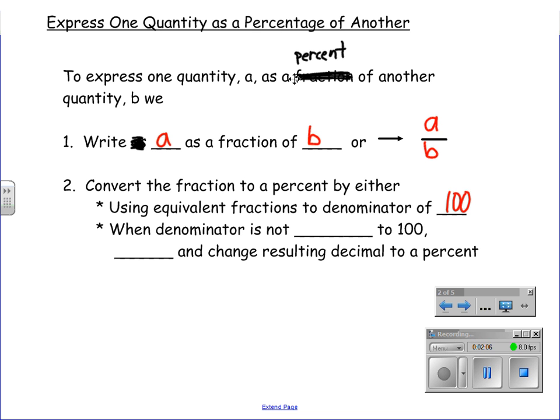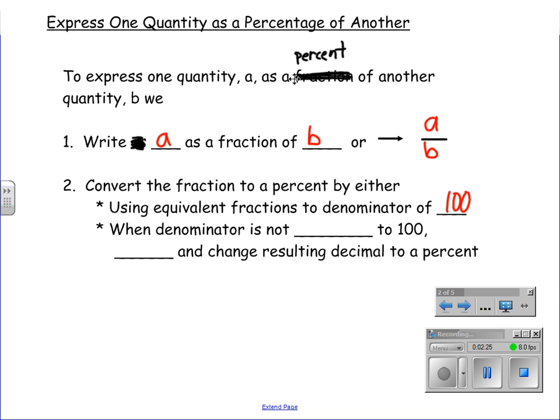So we say when the denominator is not blank to 100. It's not really a mathematical word. Margaret? Not equal, because even if it's not equal to 100, like fifths or 25ths, we can change it to hundredths.